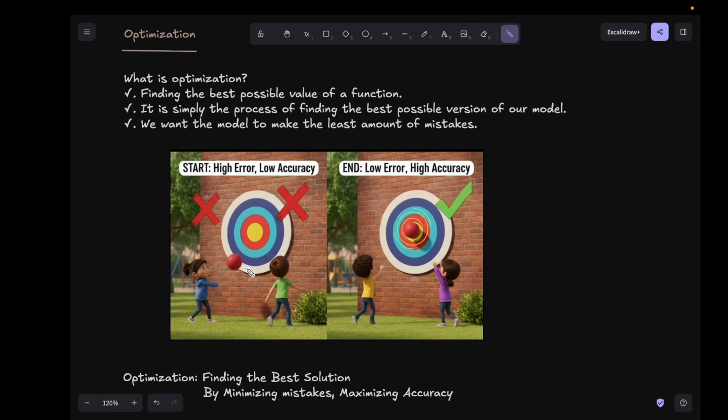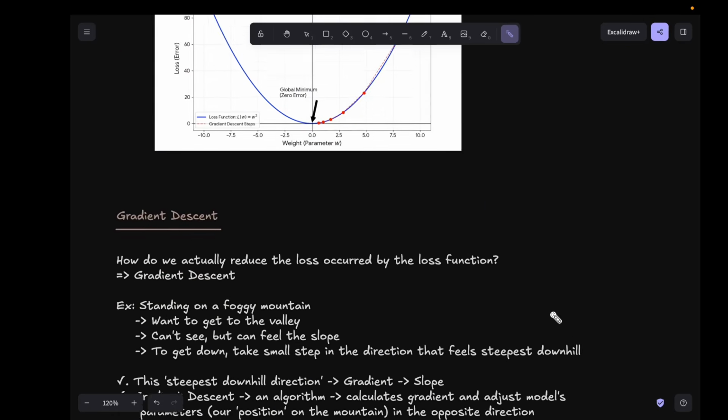By practice, or by optimization, they hit the target, and that's how they hit it. This is the learning step, going from low accuracy to high accuracy, from high error to low error. This is the training by hitting the ball. So this is the optimization.